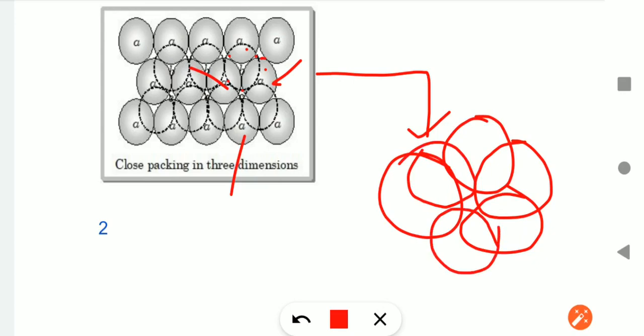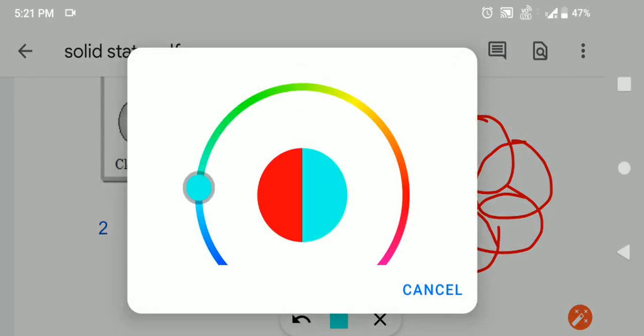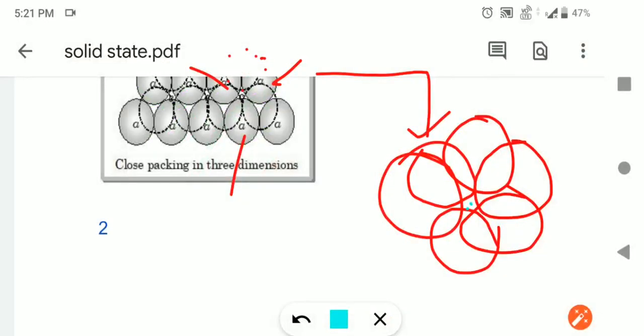And in between these six spheres there is a gap, this one here. This void is known as what? Octahedral void. Students, when you put another layer over here, you observe three types of layers.